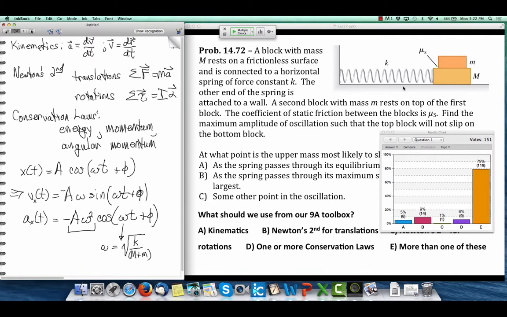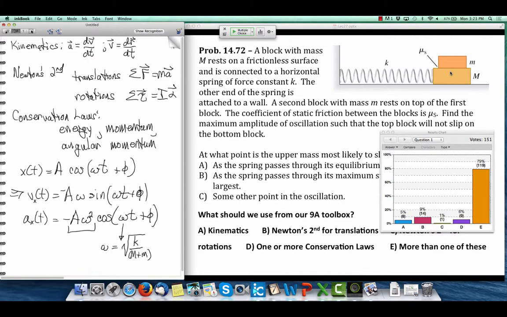So this top one will slide back and forth just fine until the amplitude gets big enough that the maximum acceleration is too big for the friction force to cause. Because that friction force is the only thing causing that little block to accelerate back and forth. It is the horizontal force accelerating that little block back and forth.